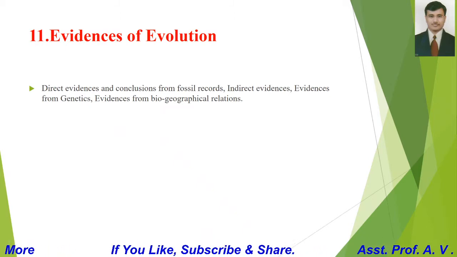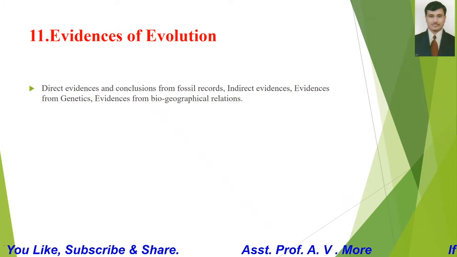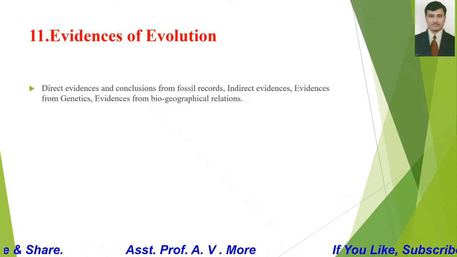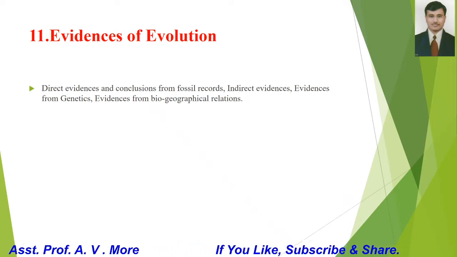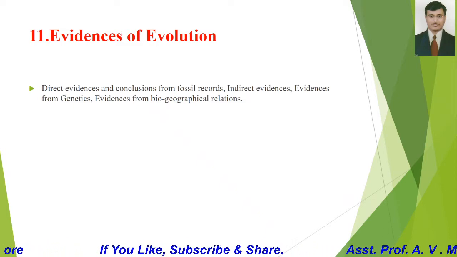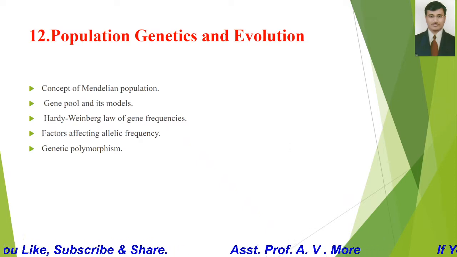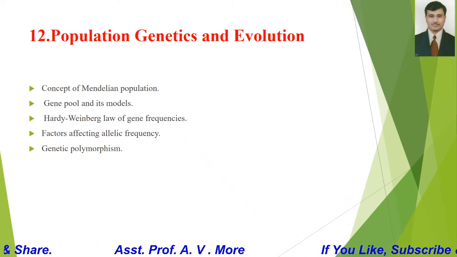Next, unit number 11, that is evidences of evolution. Friends, in the topic we have to study direct evidences and conclusions from fossil records, indirect evidences, evidences from genetics and evidences from biogeographical relations. All those points we have to study in unit number 11. Next one, that is unit number 12, population genetics and evolution.